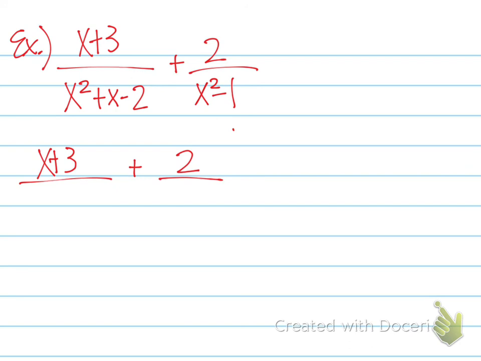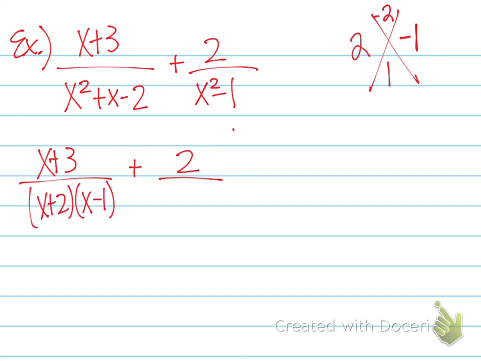So, on the left, we have a 1 and a negative 2. Well, that has to obviously be 2 and 1, but something has to be negative. So, we have an x plus 2 and an x minus 1. If I simplify the second denominator, I'm missing that b term, and I have a negative 1. So this must be 1 and negative 1. X plus 1 and x minus 1.